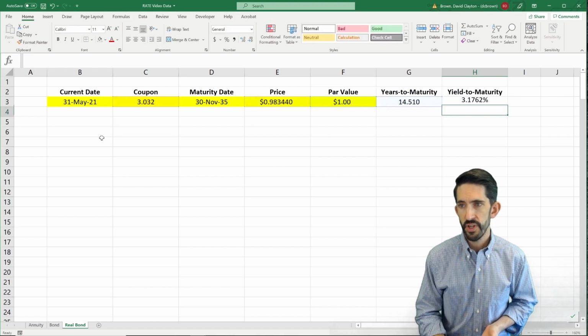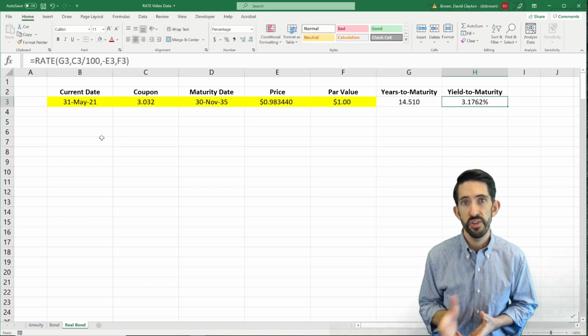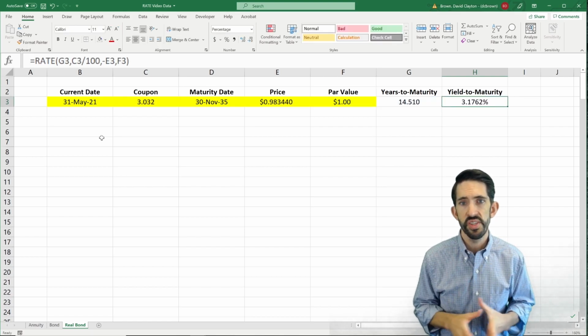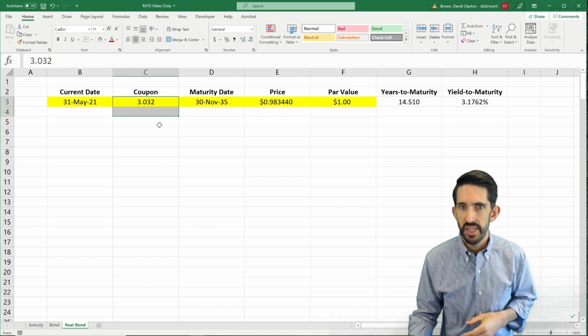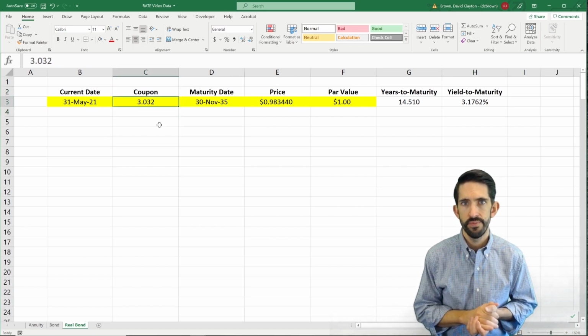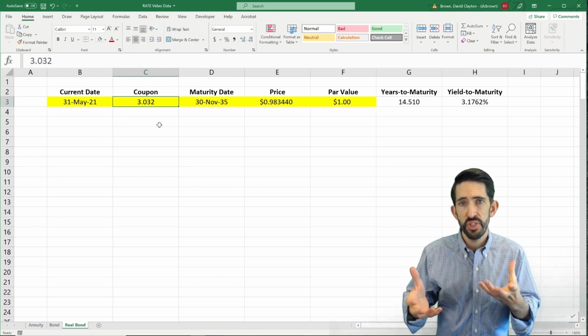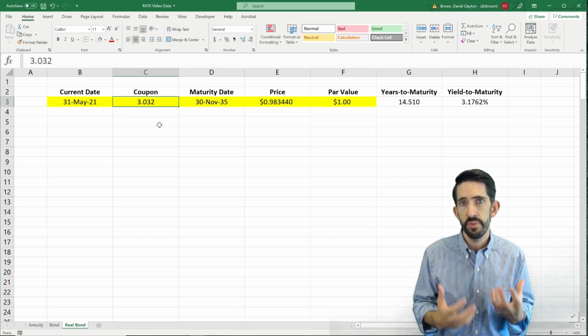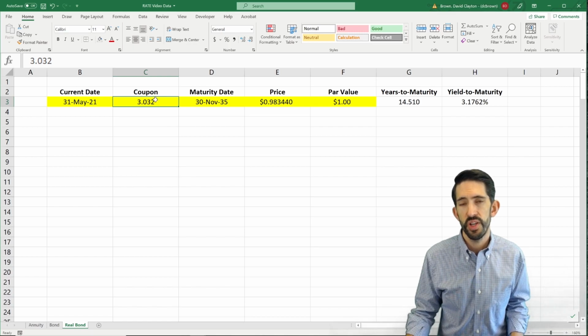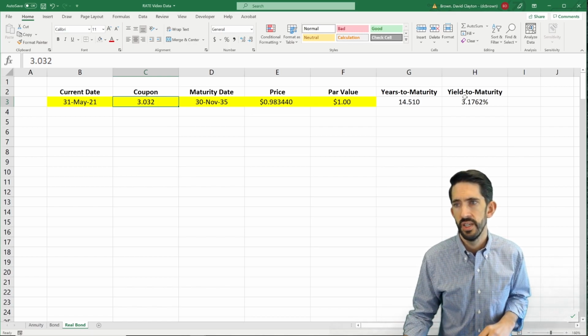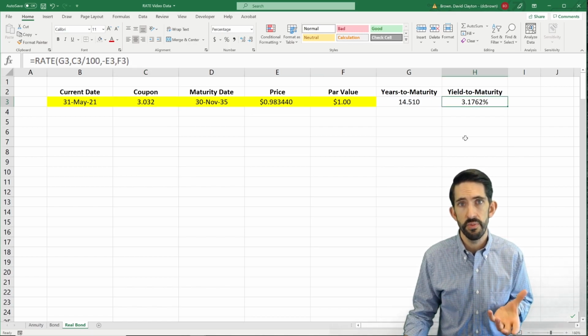All right, so we got our rate function. We run that and we see our yield to maturity is 3.17%, which is a little bit higher than our coupon. Right? So whenever we get a yield to maturity, we want to compare it to the coupon and see if it makes sense. So the coupon is just a little over 3%. The yield to maturity is 3.17%.